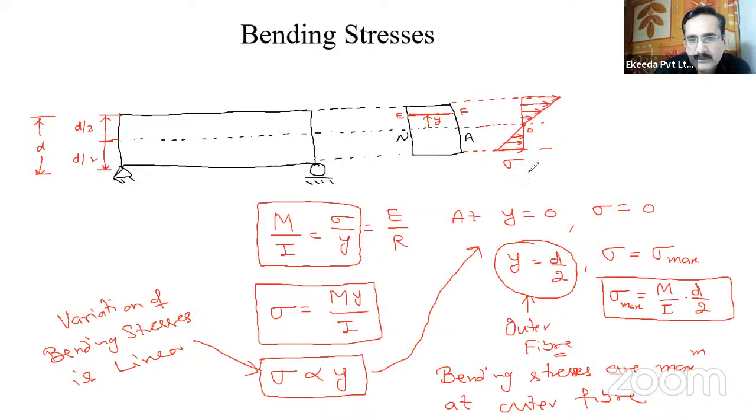So this is the maximum stress at the outer fiber, and at the neutral axis, the bending stress will be 0, right? So this is how we find out the bending stresses. M by I is the equation for bending stresses, and the variation is linear. This should be remembered while solving the bending equation, right?